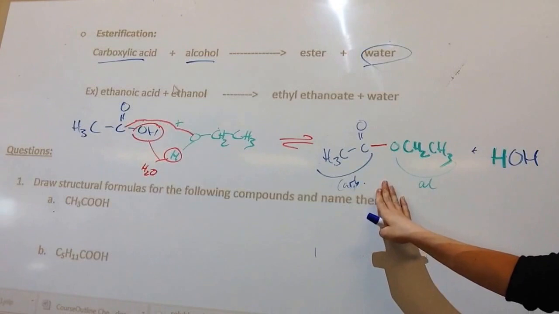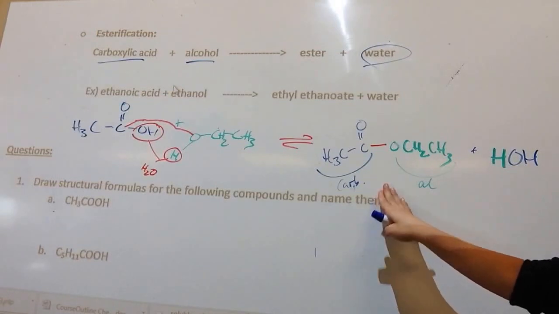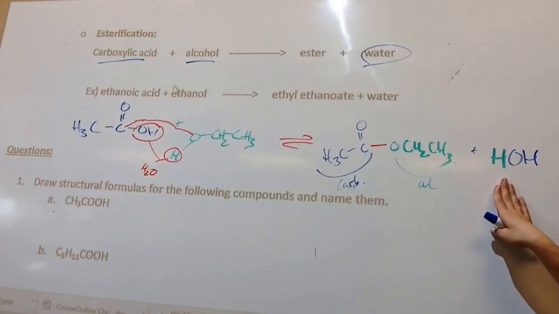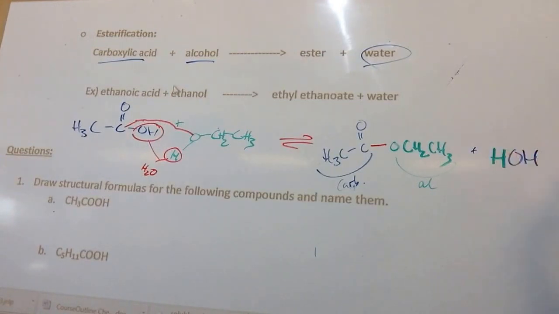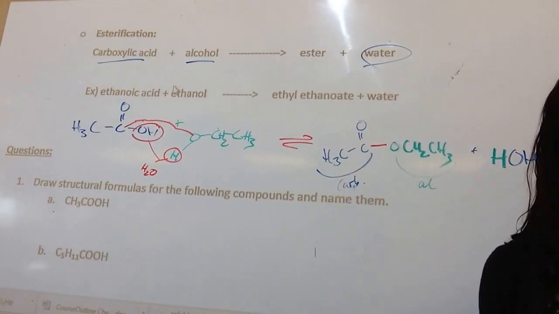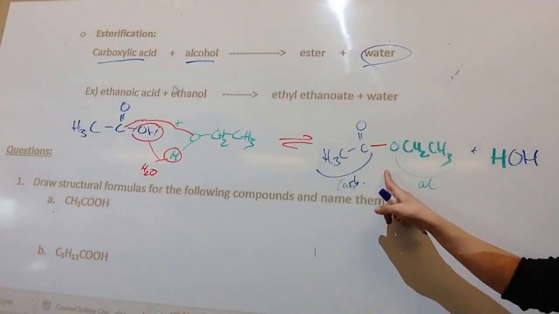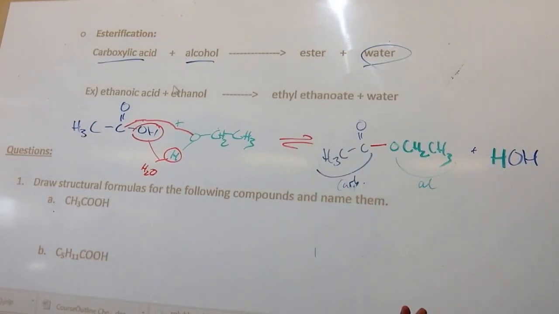I don't actually know if that's what it smells like, but artificial peppermint is an ester, and water. So if I were to remove the water, allow it to evaporate, a little bit like when you spray aerosol cans, that water will evaporate, won't it? Leaving behind, allowing the equilibrium to shift to the right, Le Chatelier's principle.